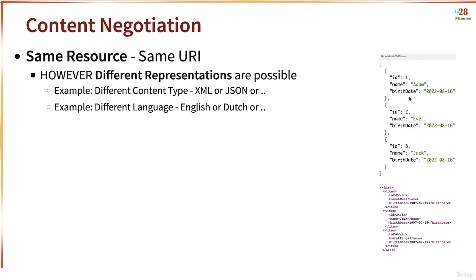If this response has some text, for example, you might want to expose the same resource in multiple different languages: English, Dutch, German, French, whichever language you would want to support. So for the same resource, for the same URI, you might have different representations. You might want to send the response back in different formats or in different languages.